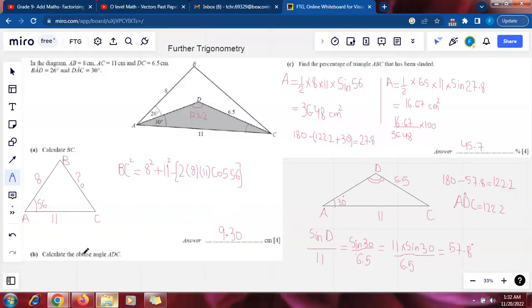But this part was important, because if you are not able to find out the obtuse angle, you will not be able to find out the shaded area, and if this value is wrong, this answer will also be wrong. So they both are connected, and you need to understand the question, the language of the question very carefully, and then you have to move on with the strategy and the formulas.